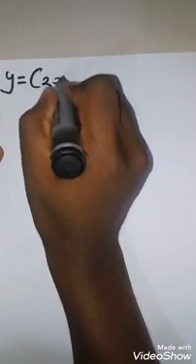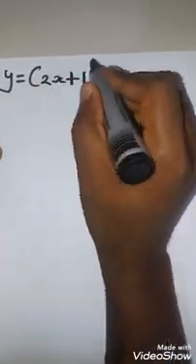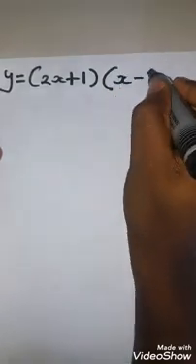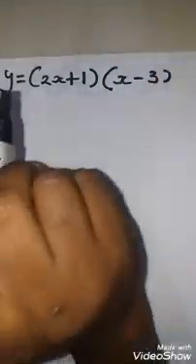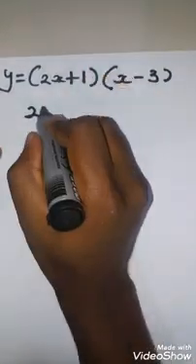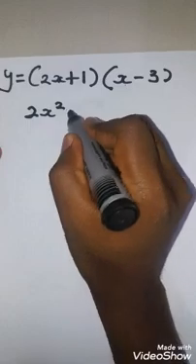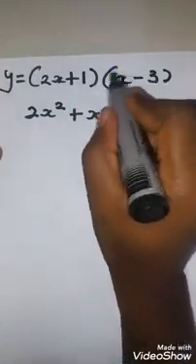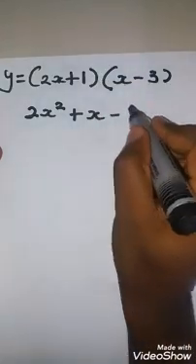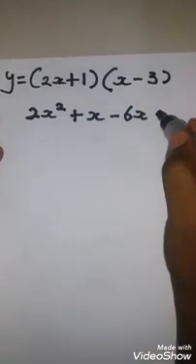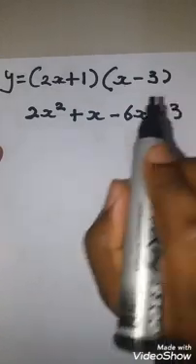The next question, y equals, in brackets, 2x plus 1, bracket close, x minus 3. So here the trick is in opening the brackets. So 2x times x gives us 2x squared. 1 times x, that's x. 2x times minus 3 gives us minus 6x. 1 times minus 3 gives us minus 3.